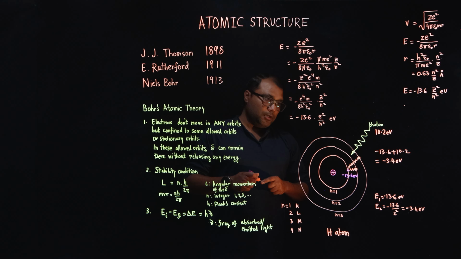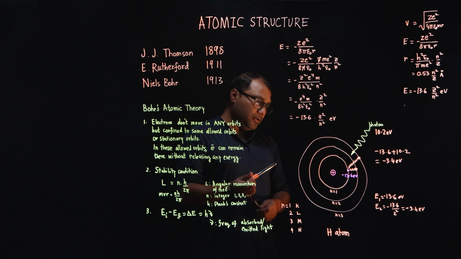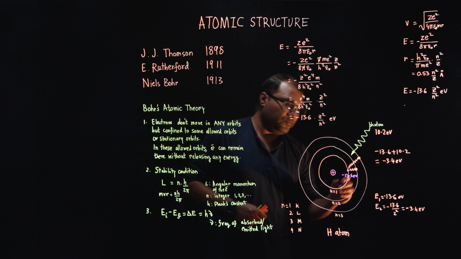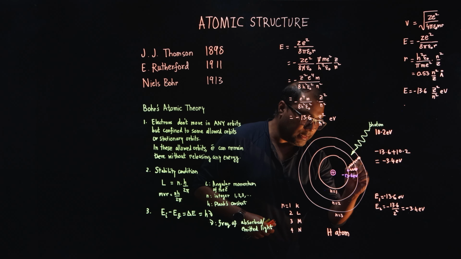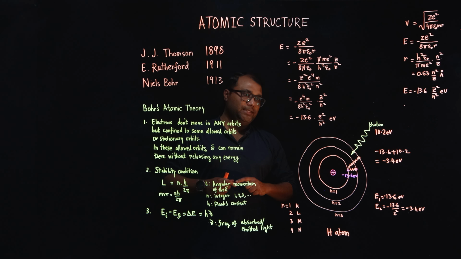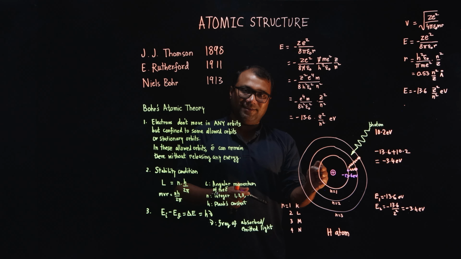So perfect. Then this photon will get absorbed by the electron, because this corresponds to minus 3.4, which is the next energy level, and it will jump to that first excited state.